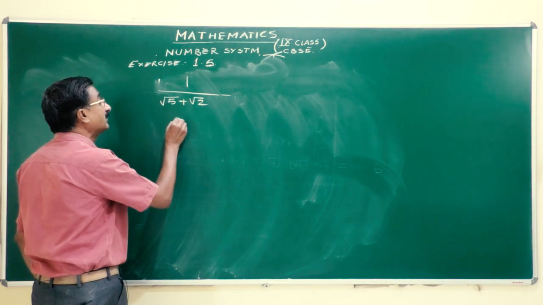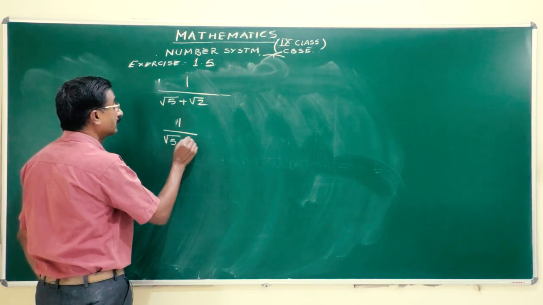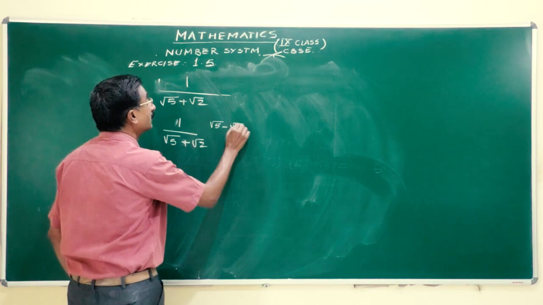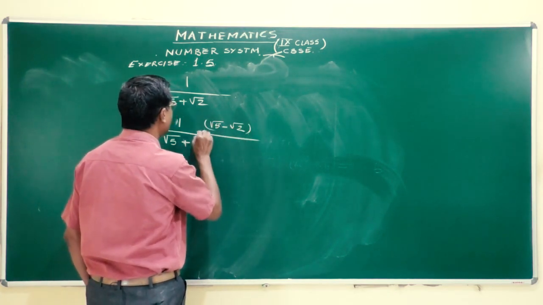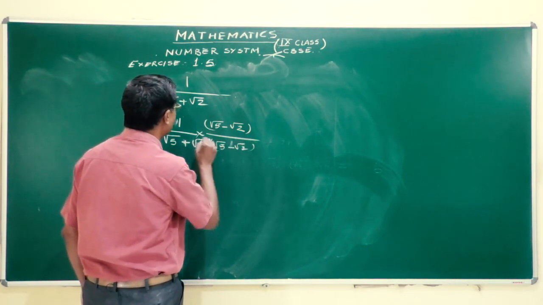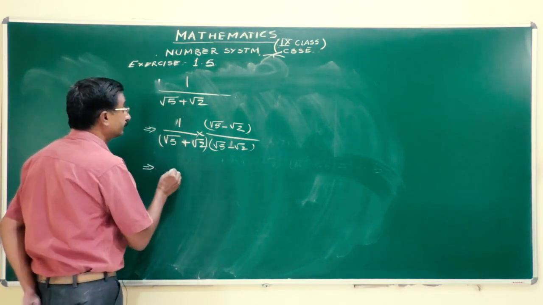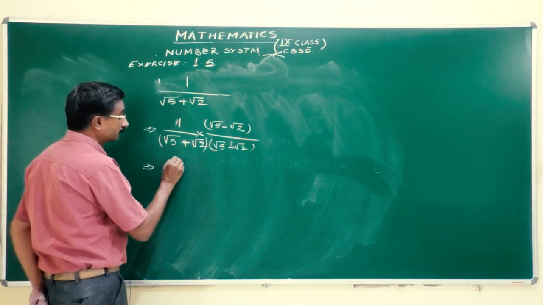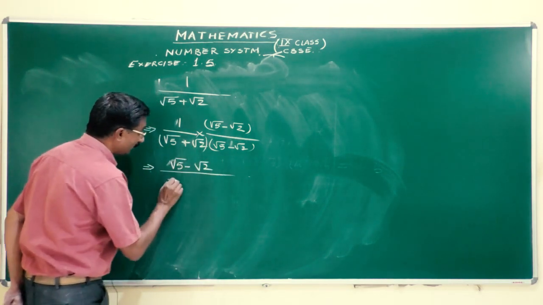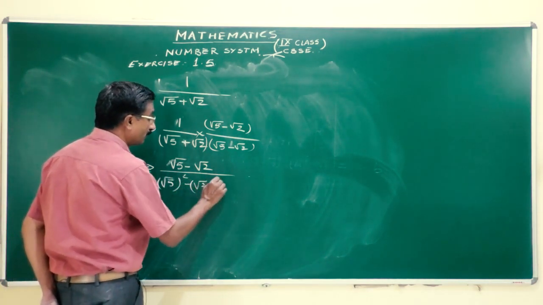So what we will do, we will multiply by under root 5 minus under root 2, and we get under root 5 minus under root 2 upon under root 5 whole square minus under root 2 whole square.